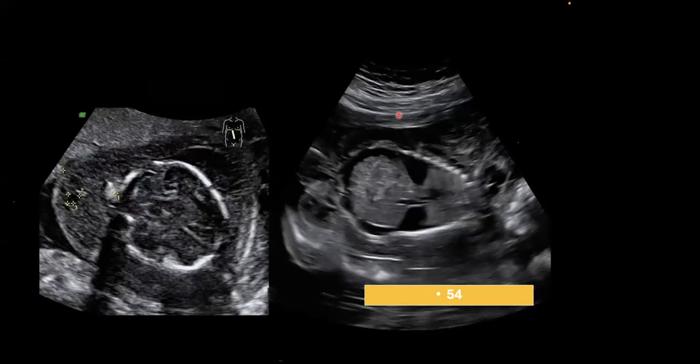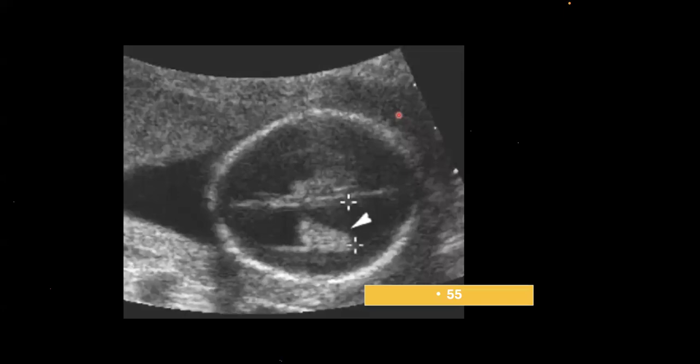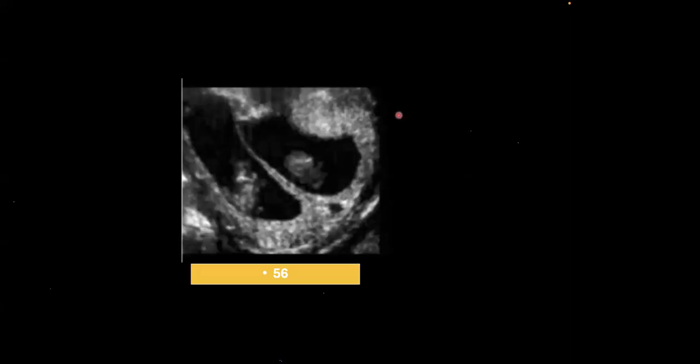There is ascites, there is skin thickening. Yes, very good. Most of you are getting it correct. How about this? 55. Very good. Most of you are getting it correct.